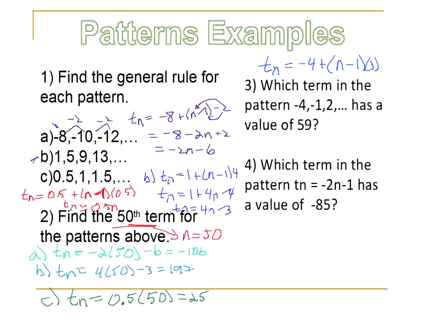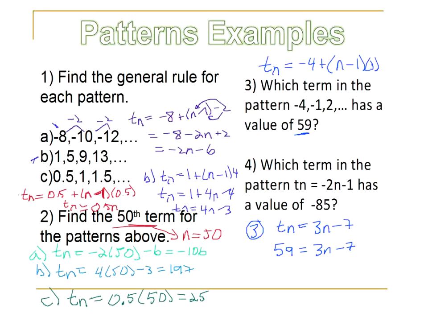And so what this ends up being is Tn equals 3n minus 7. So now I'm going to figure out which term has a value of 59. So this is my Tn value, and I'm going to solve for n.